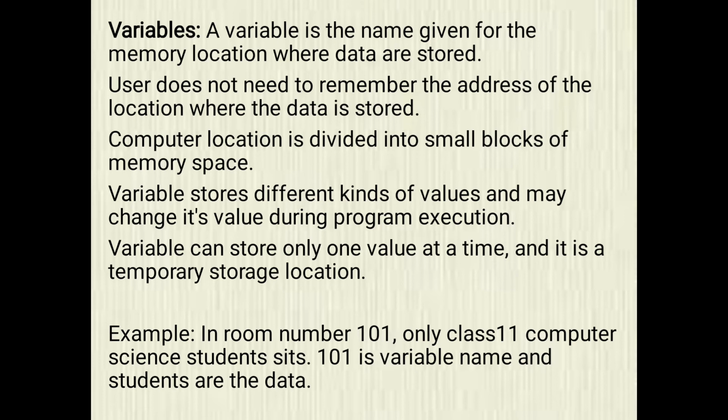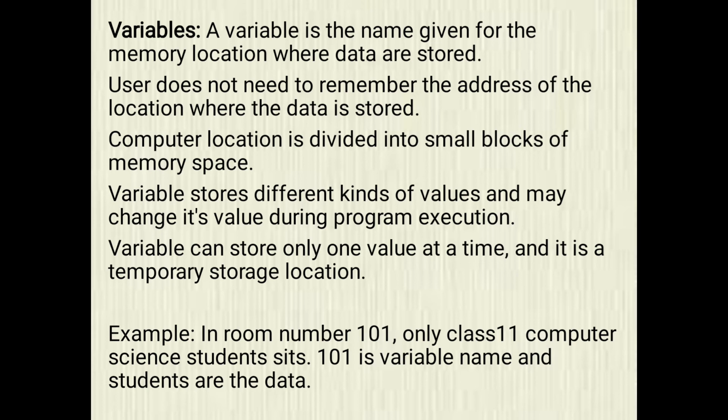The variable names are written using alphabets or numbers, or some special characters, which makes it easier for the user to find or memorize the variable names. The computer memory is divided into small blocks of memory space, and each block occupies certain bytes of memory and contains certain types of data.